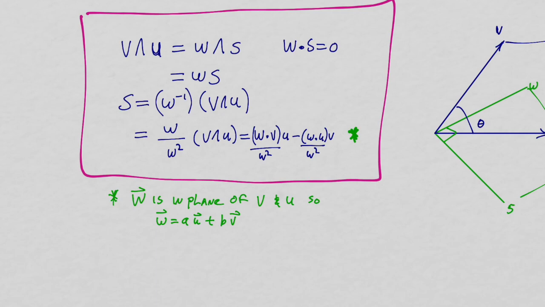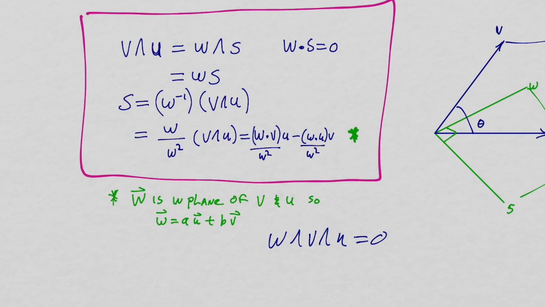And we can now blow this up, right? And when we blow this up, remember, this is that case where it's the geometric product. This is a real number down here, so we really are worried about the geometric product of W with the bivector V wedge U. But we know something important. By definition, W lies in the plane of V and U. So W is linearly dependent on V and U. So we know right away that W wedge V wedge U equals 0, right?